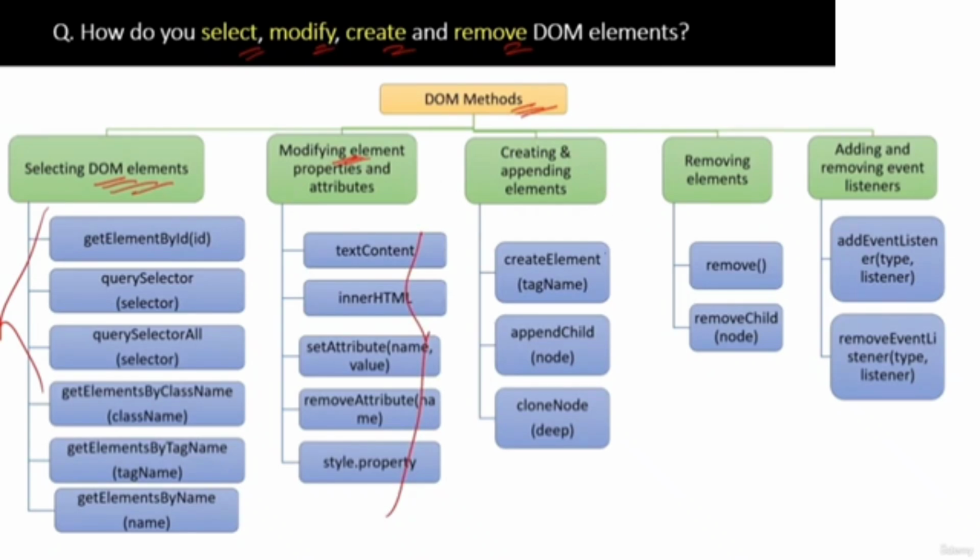Then these methods can be used to create new elements in the DOM or HTML. And here, these are for removing the elements from the DOM. And then we have some methods for adding and removing event listeners in the DOM. So maybe you already know some of them. Anyways, in the upcoming questions, I will explain the differences and what exactly they do and in which scenarios we have to use them in our applications.